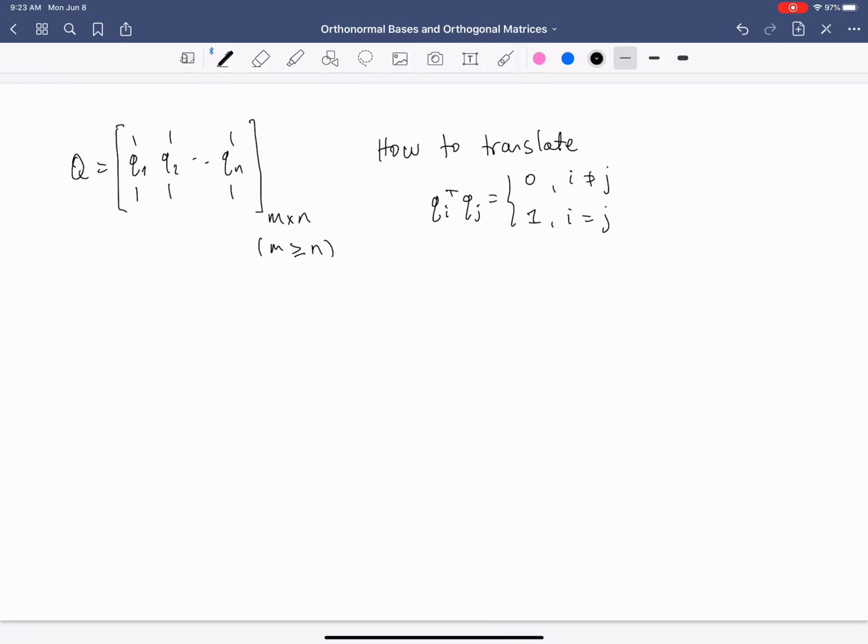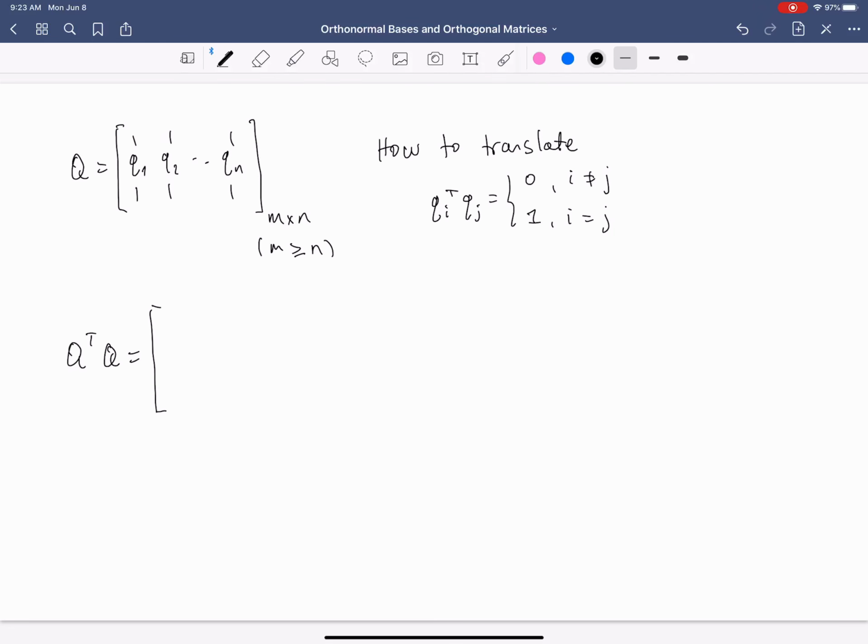Well, qi transpose qj would mean I should multiply rows by columns, looking at the columns of the matrix. So if I were to look at Q transpose Q, what would I get?